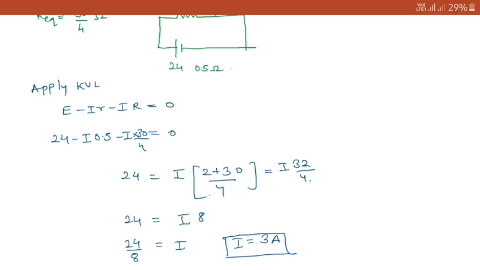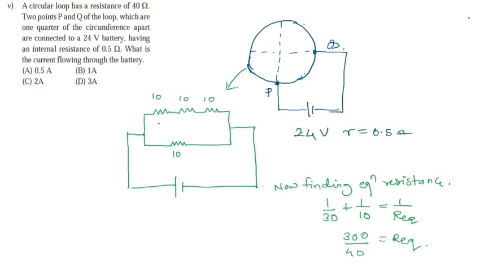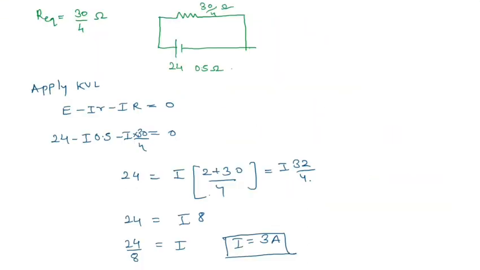Now this R is not r, this is R equivalent. After substituting the values, I get 24 is equal to I into (2 plus 30 upon 4), which is I into 38 upon 4, so I is equal to 3 ampere. So our answer is 3 ampere.